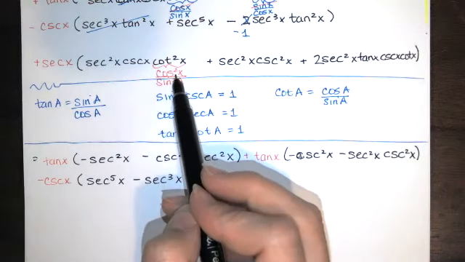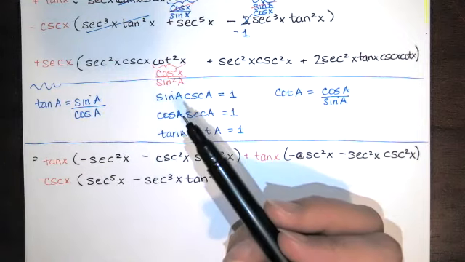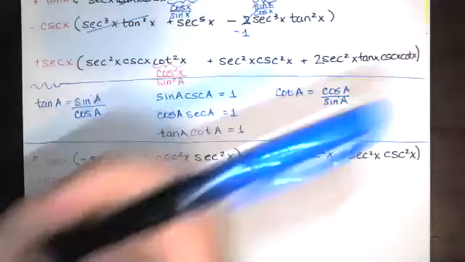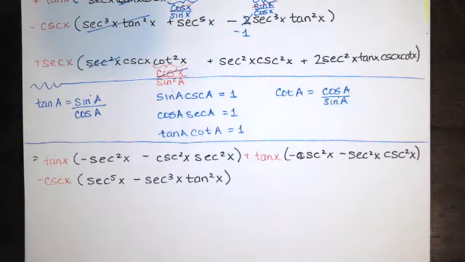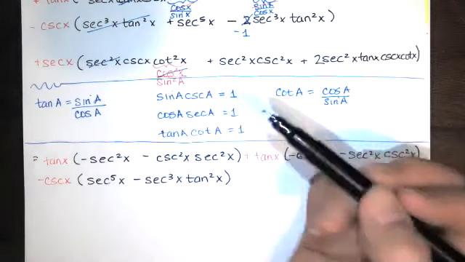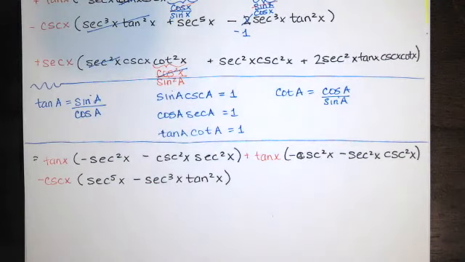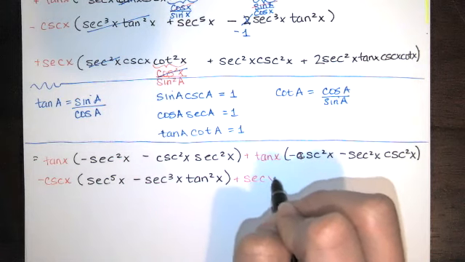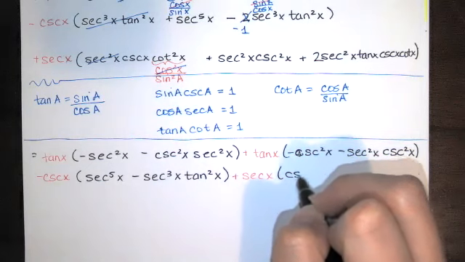And cosine and secant are reciprocals of each other. So cosine times secant is 1. So cosine squared x times secant squared x is 1. Okay, and now I've got a 1 over sine squared, which is cosecant squared, times another cosecant is going to be a cosecant cubed. This piece simplifies to cosecant cubed.